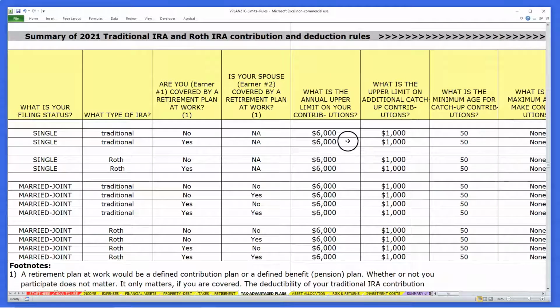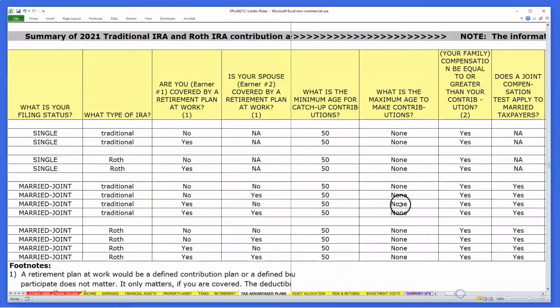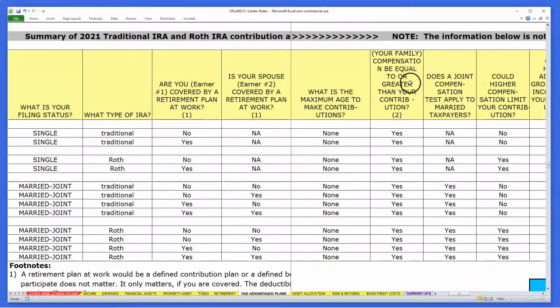The annual contribution limits are the same across all types of IRAs, as well as the over age 50 additional contribution of 1,000. Is there a maximum age to make contributions? No, there's not. Must your family compensation be equal to or greater than your individual contributions, the combined contributions?